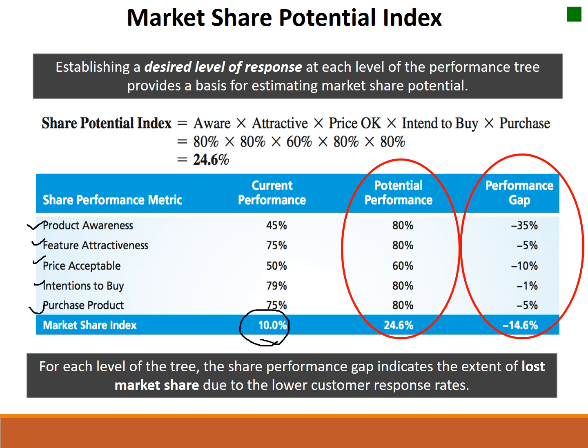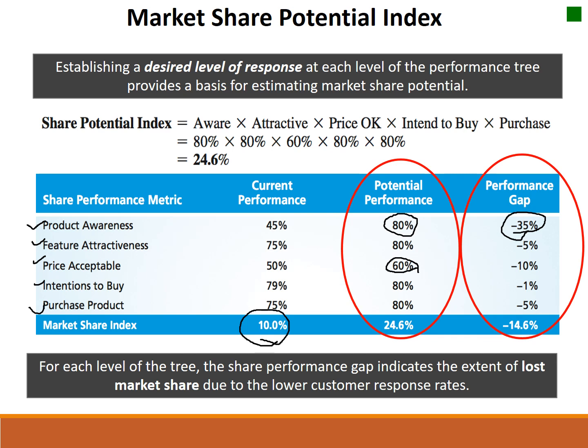It may be that price might be fine, and I can only improve price by another 10%. So from a managerial perspective, I may not want to focus on that first. I might want to focus on awareness first because we know it's the first thing that happens in the decision-making process, and it's the area where we have the most opportunity to gain market share.